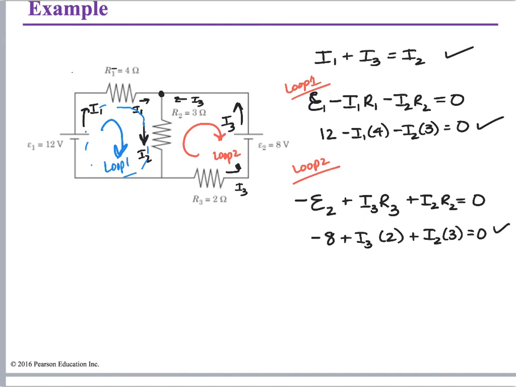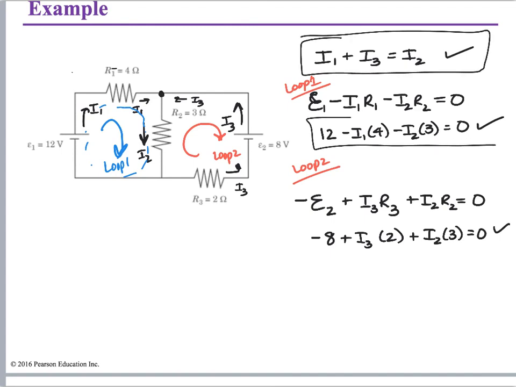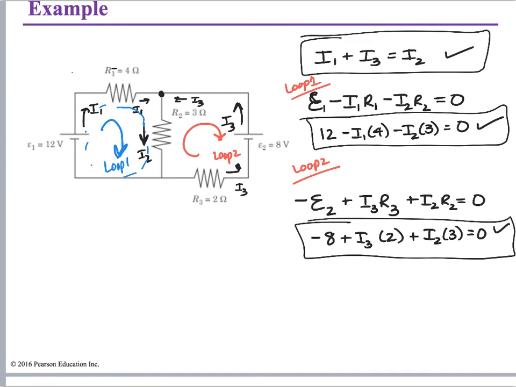And that becomes my third equation. So basically, I would take these three equations and solve them simultaneously using algebra, and I could find my currents in each one of the branches. I'm not going to do that today, but that would be your next step.